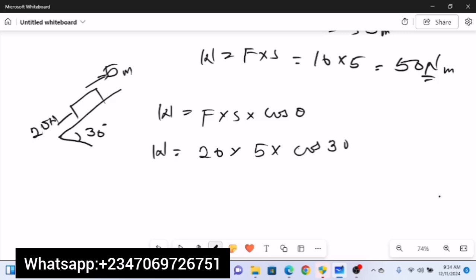So work done is 20 times 5 times cos 30, and that gives us approximately 86.6 joules or newton meters. Okay, so you have 86.6 newton meters, or simply 86.6 joules.